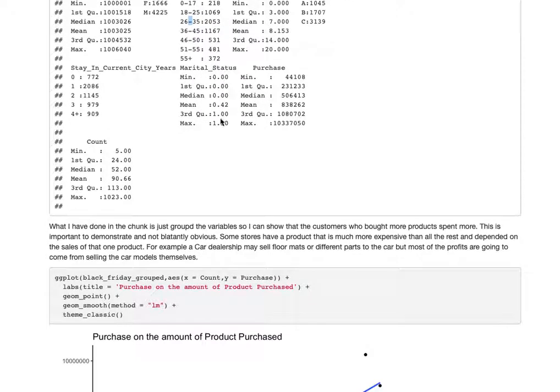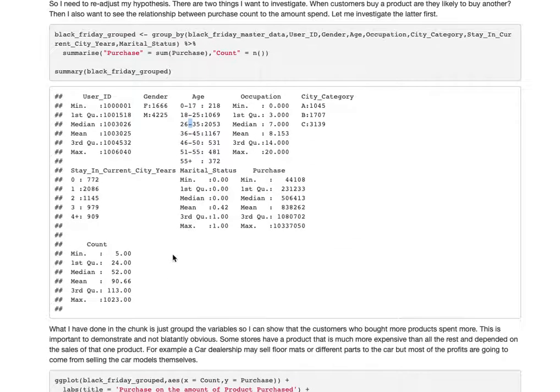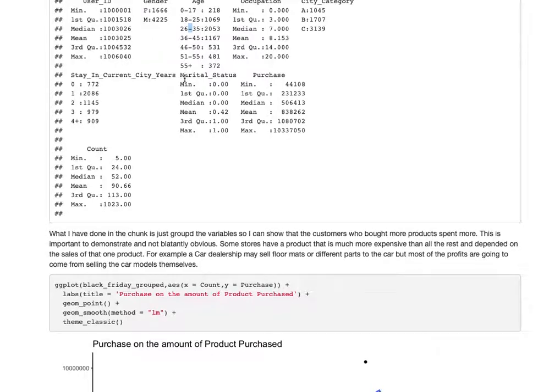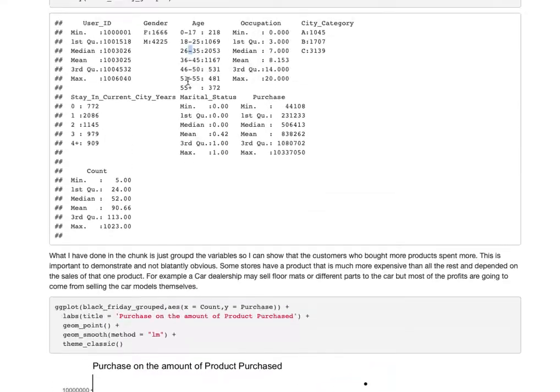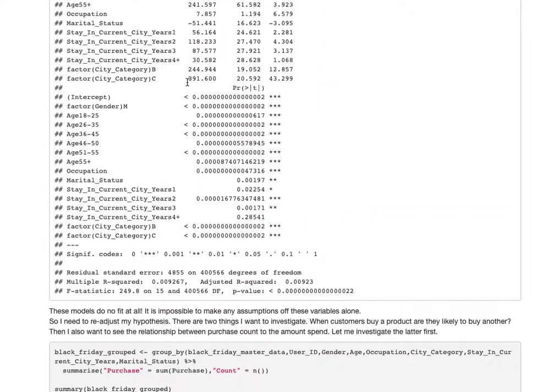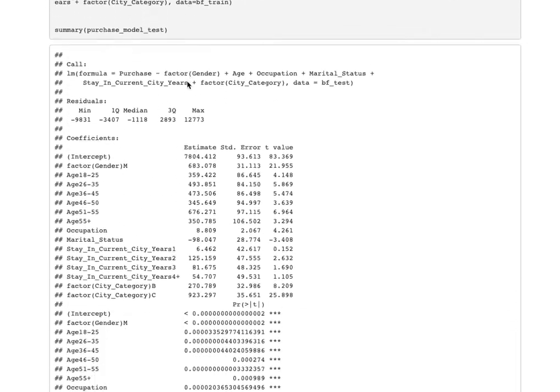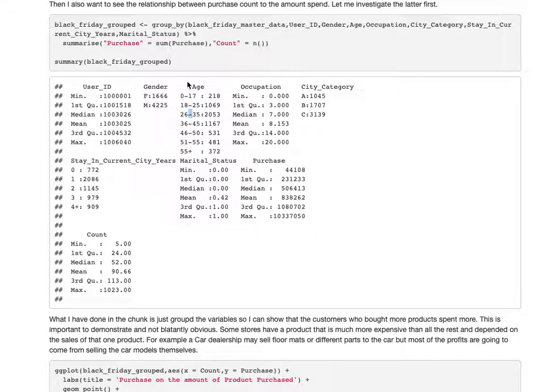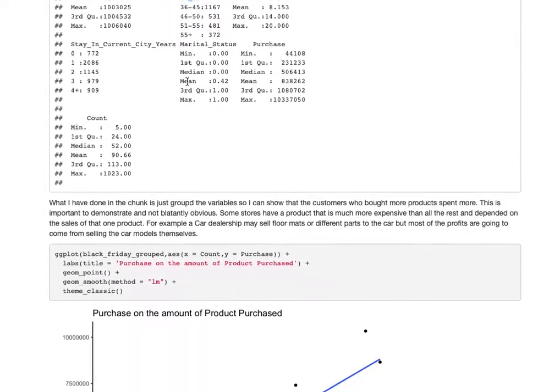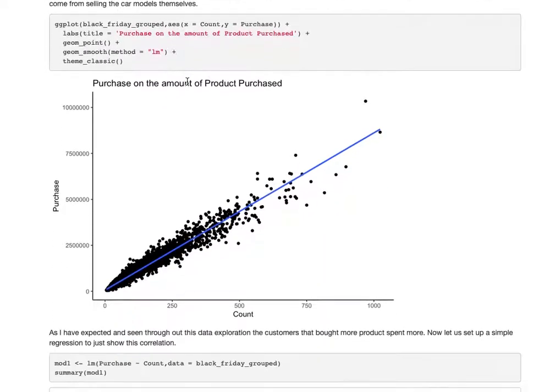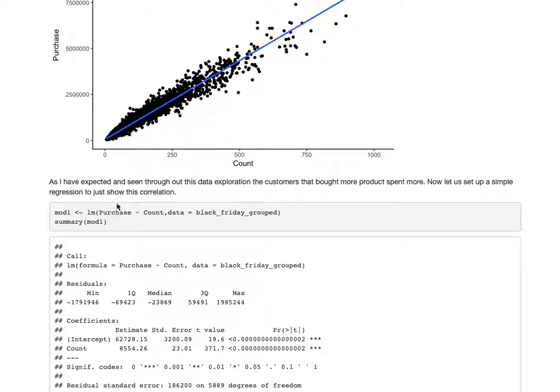So I wanted to verify that trend, and what I did was I set up a smaller linear model that is based off of count. Here.